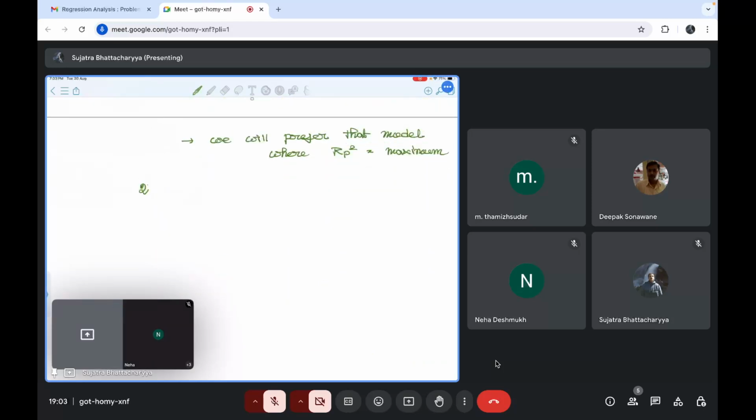Second is the residual mean square. Okay, MS residual. We know the definition of MS residual for unknown parameters P: it is SS residual for P divided by N minus P. What we were writing as N minus K, with P equal to K. So I'm writing P here now.